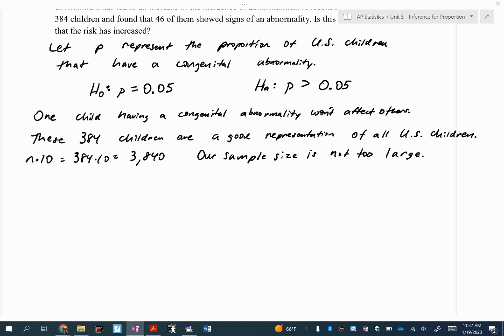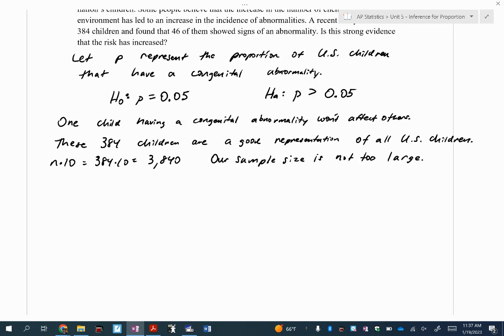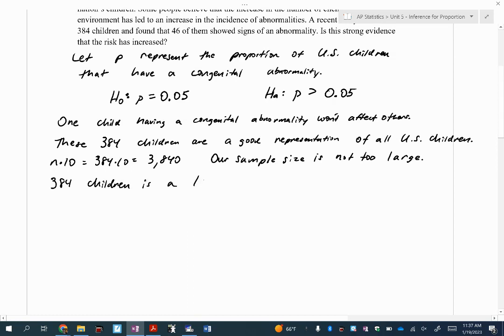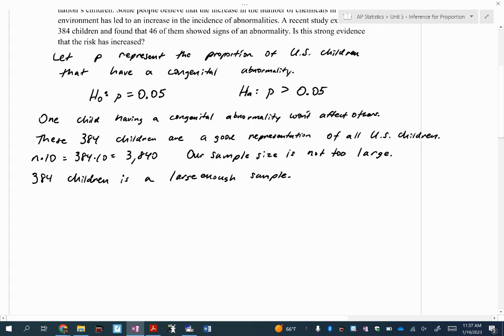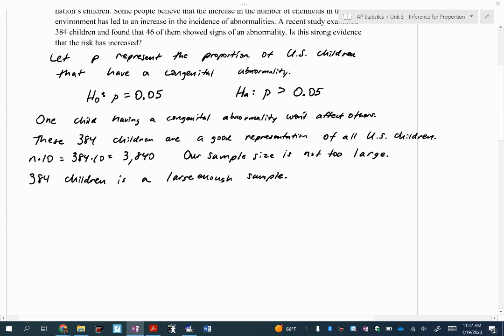Next is to make sure that it is large enough. So I always assume it is. So 384 children is a large enough sample. Now this is the one difference. So Leslie, when you were watching the stuff from chapter 19 to this chapter 20, there is a difference here with the success/failure condition.